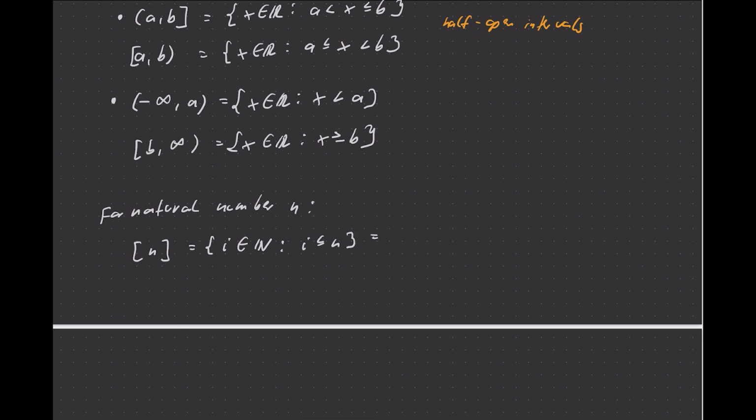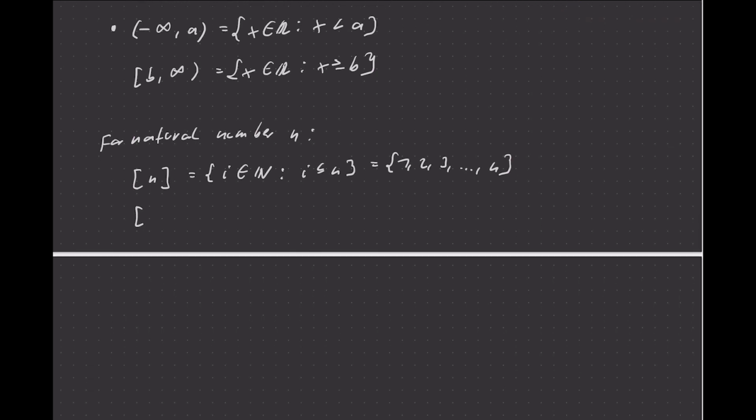So more explicitly, this is the set 1, 2, 3, and so on, up to n. And if you want to include 0, we just add 0 as a subscript like this. So that's all i in N_0, where i is less or equal to n again. So this is 0, 1, 2, and so on, up to n. Okay, this will sometimes be a handy shorthand. That's why we use that.